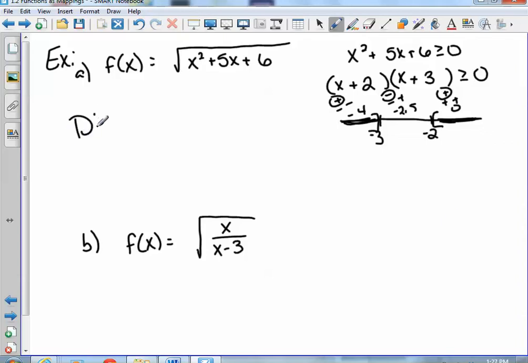So my domain is the set of x's such that, how would I describe this piece? x is less than or equal to -3, because that's where it equals 0. Or, this piece I would say is greater than or equal to -2. Those sign lines, it's probably been a while since you've done one of those. So this is a good review.